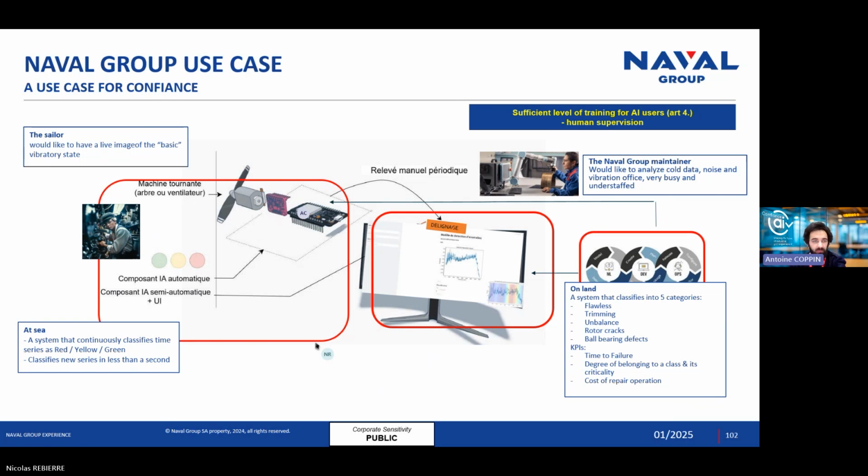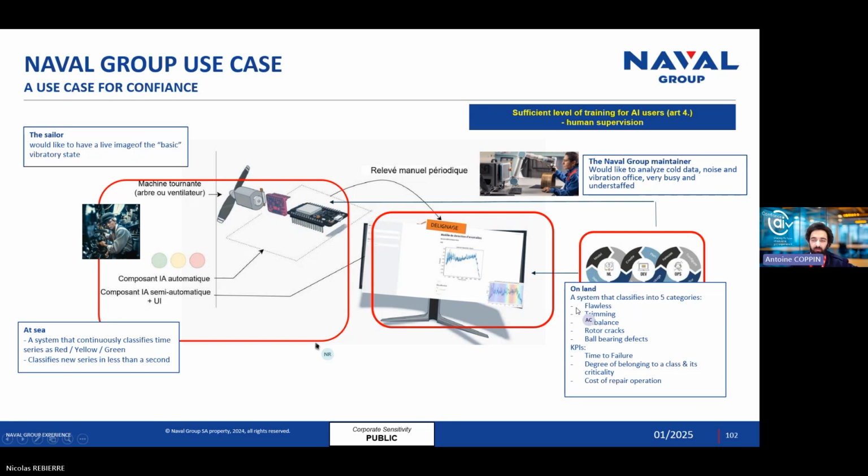Something we really had to take into account was the upcoming AI Act. Why? Because of Article 4, that's what you can see up there. Article 4 asks us to give a sufficient level of training for AI users and to give human supervision when you have dangerous use cases like ours can be.